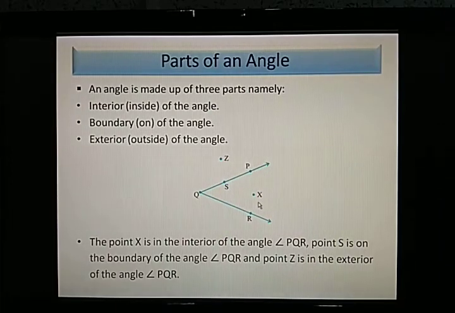So if you are asked which point lies inside the shaded region, then the point which lies inside the angle, that is point X. Similarly, point S, you can see it lies on the ray, or you can say on the angle. Since two rays form an angle, it lies on the ray itself, on the ray PQ. So that means it lies on the boundary of the angle. Similarly, point Z, you can see it lies totally outside the angle. So this will be in the exterior of the angle.